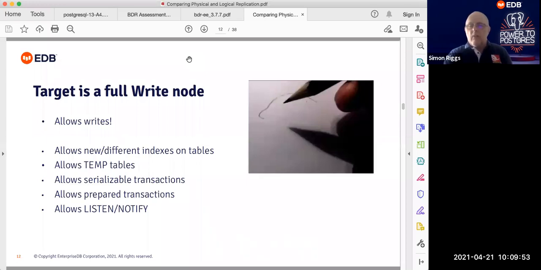Now that gives a whole list of different advantages. We can have different indexes on tables. We can have temp tables. We can allow serializable transactions. We can allow prepared transactions, as well as listen and notify. So that's quite a list of restrictions that you get with physical, or we can view them as advantages of logical, depending on which way you see that.